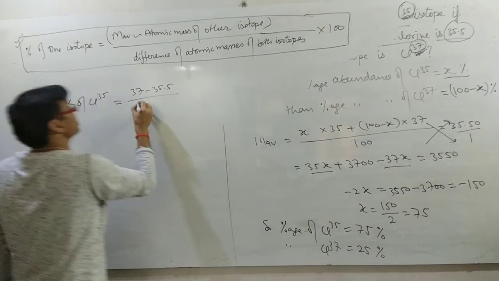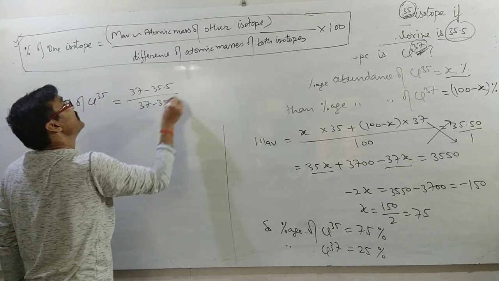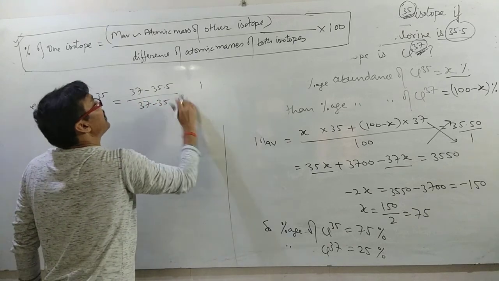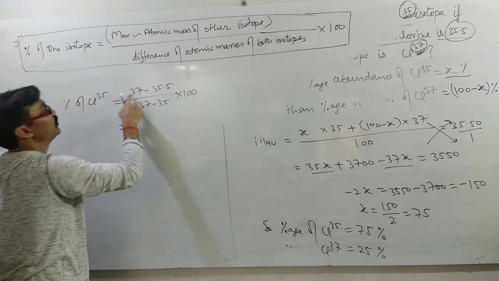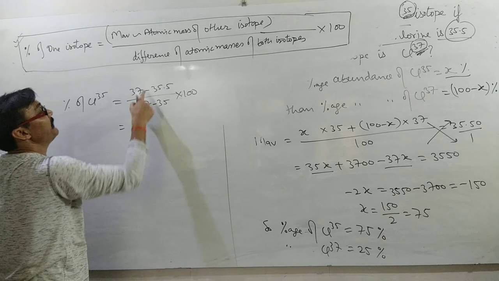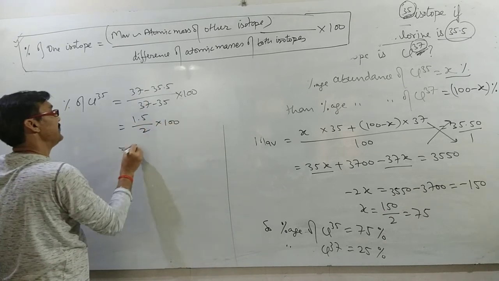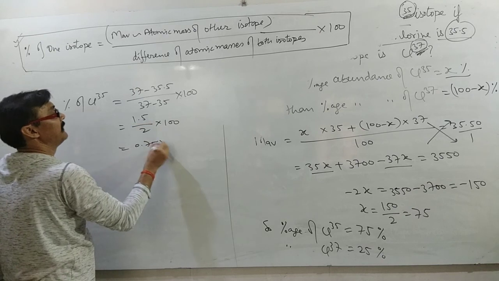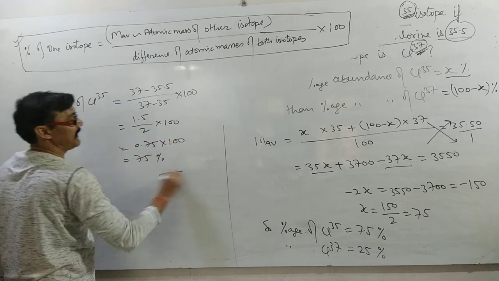So the difference is 2. Multiplied by 100, it is 1.5 divided by 2, that is 0.75 into 100, that is 75%. That's all.